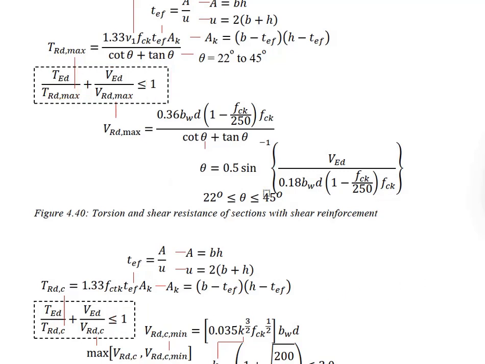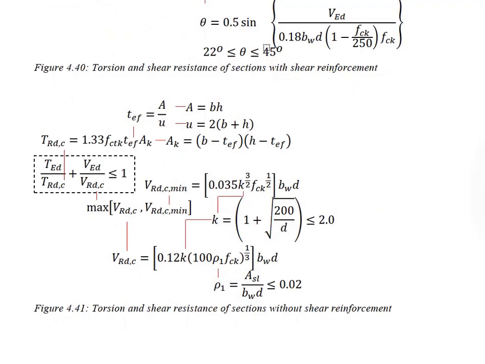And then these interactive formulas come in two versions. One is meant for the sections with shear reinforcement, for example, beams and columns. Another one is meant for the sections without shear reinforcement. This kind of section has a relatively larger cross-sectional area as compared to the load acting onto it.